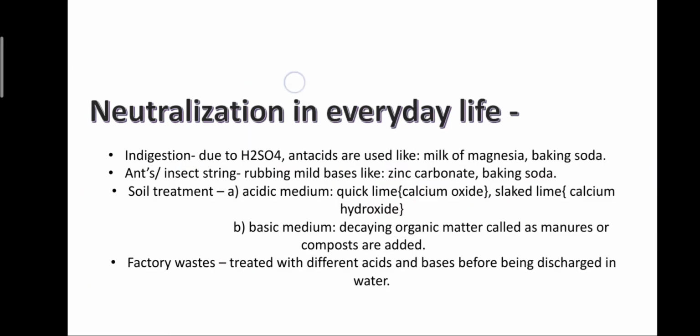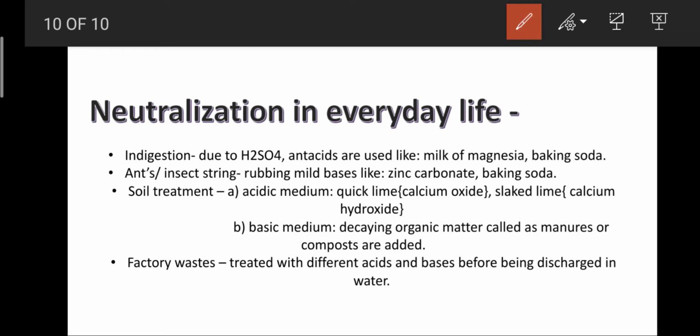Now we already know that there was another reaction which was forming salts. It was called neutralization, right? This neutralization reaction is used in our daily life, and that's why we are studying salts as well. So what are the uses of these salts and the neutralization reaction? First one is indigestion. We all know that our body has HCl in the stomach, which helps in digestion.